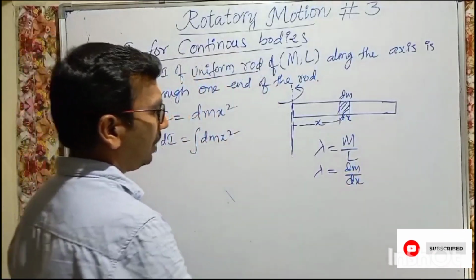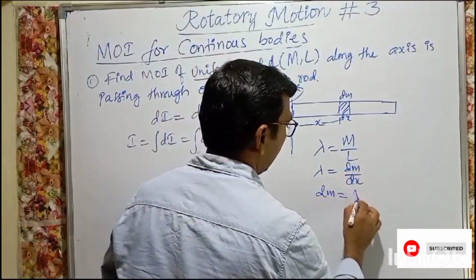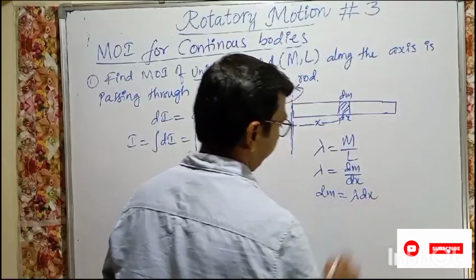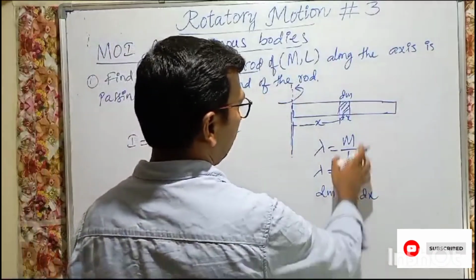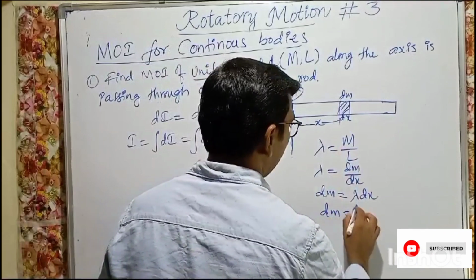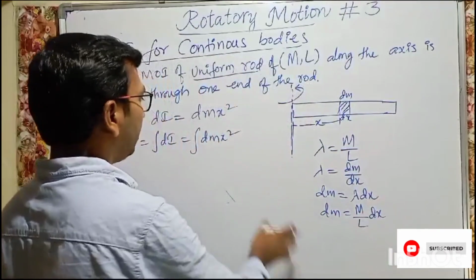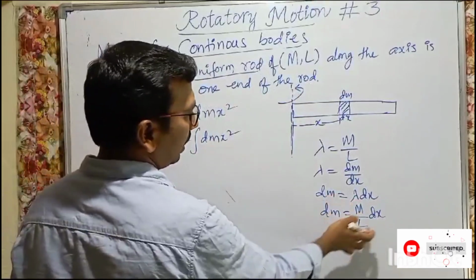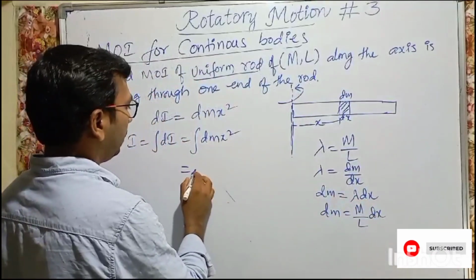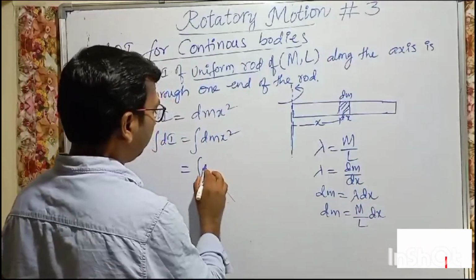I want dm, so dm is equal to lambda dx. But we know lambda is equal to M by L, so you can write dm is equal to capital M by L dx. So in place of dm, you can write M by L dx.